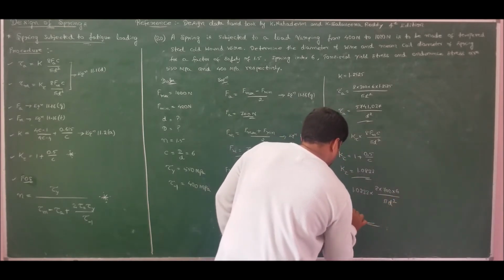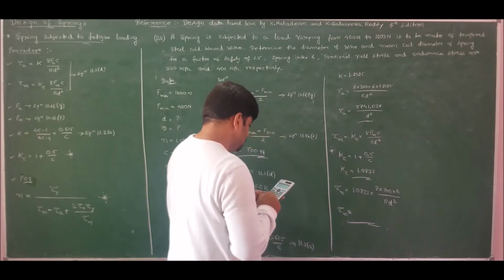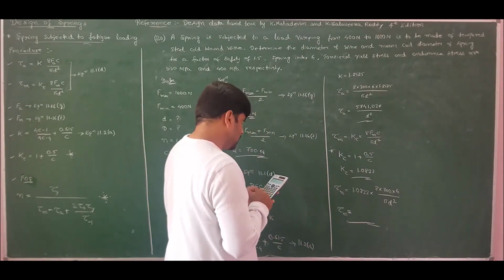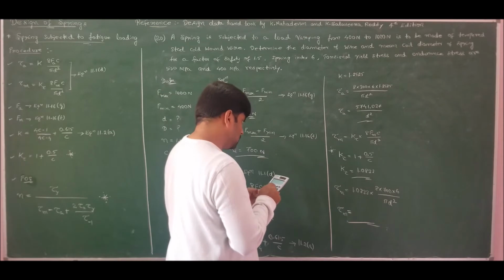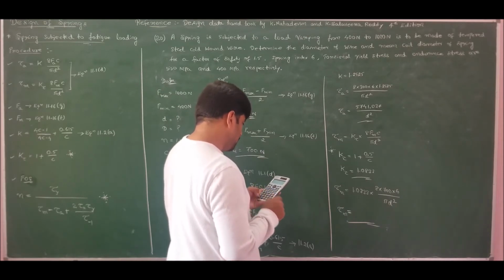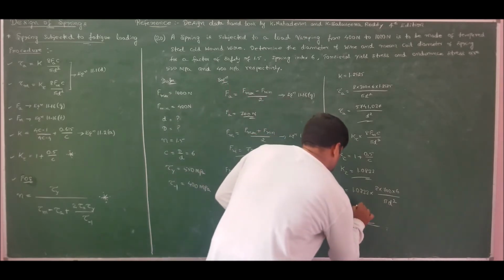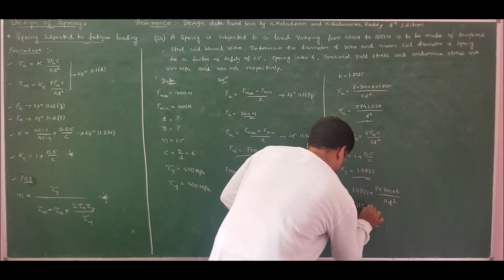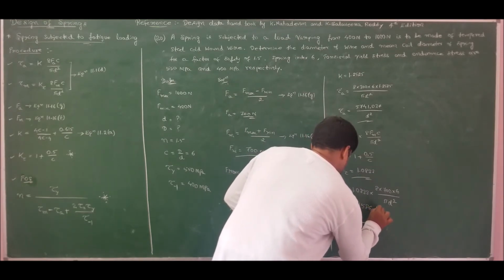So tau mean is 8 into 700 into 6 divided by pi, which turns out to be 11,586.5 by d square.